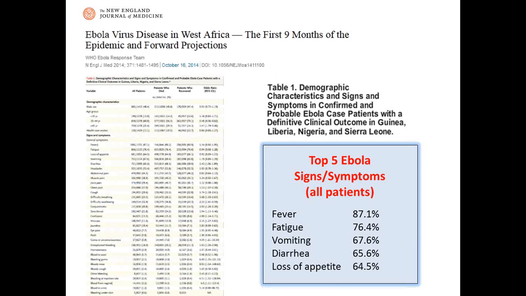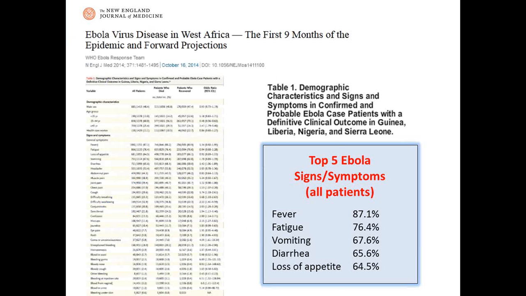Now, I mentioned earlier, just as an example of the questions about what we know and don't know, here is a very nice review by the World Health Organization Ebola Response Team published in the New England Journal of Medicine in mid-October, summarizing the first 9 months of the epidemic with some comments on future projections.